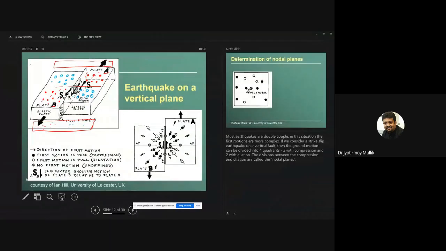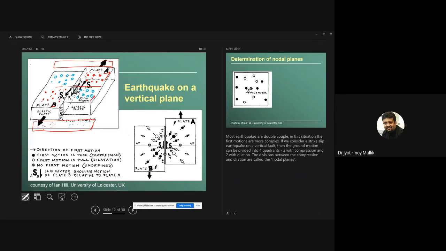See in this picture. Here, because this is getting collided with, being pushed against the wall rock, and here it is going away from the wall rock.